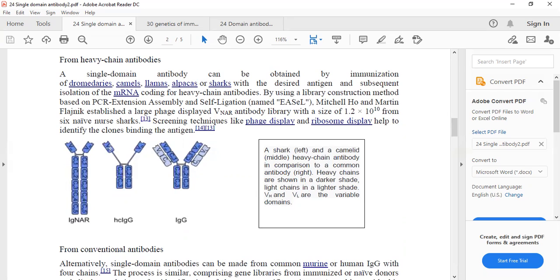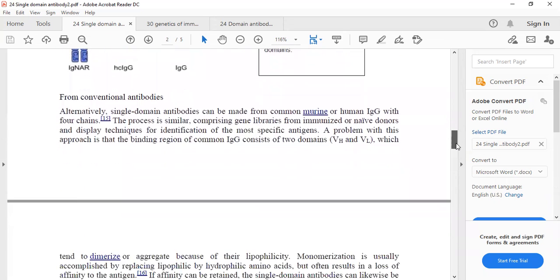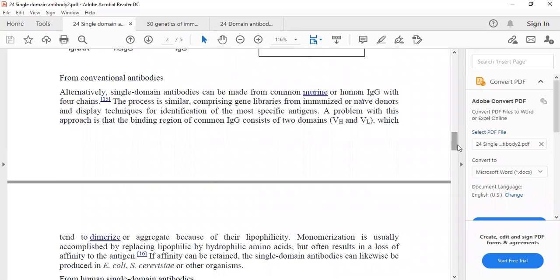This part can be added to another antibody such as IgNAR, and the IgG can also be used. Another method is that we can construct these single domain antibodies from the common IgG. The four chains of the IgG can be used for the construction of the single domain antibody.